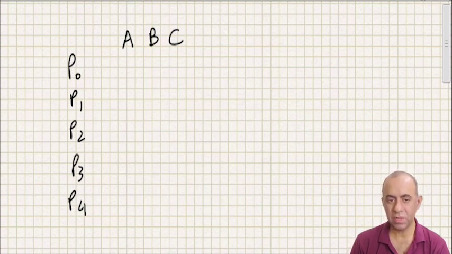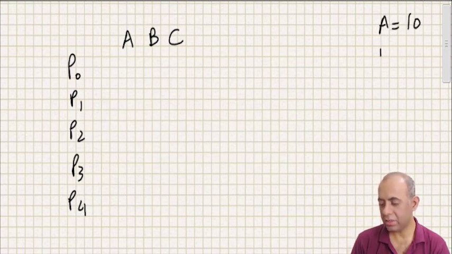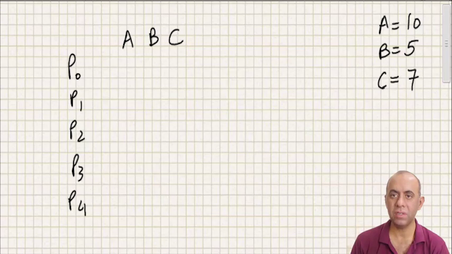A has a maximum number of instances of 10, B has a maximum of 5, and C has a maximum of 7. These are the number of instances that each of these resource types has in existence.